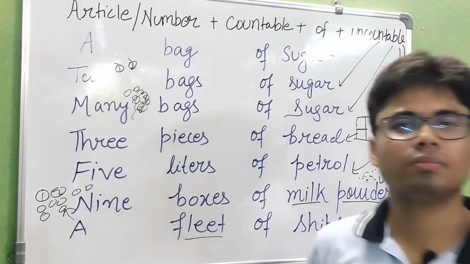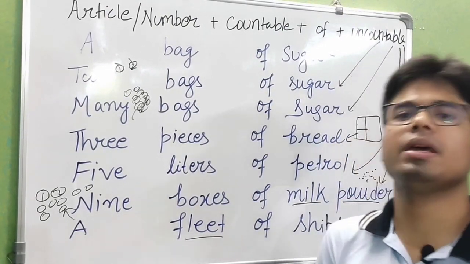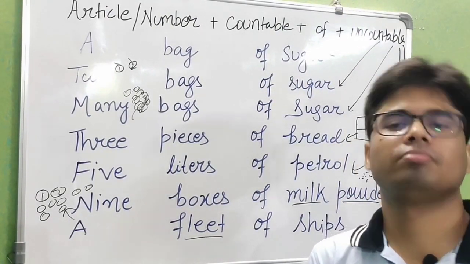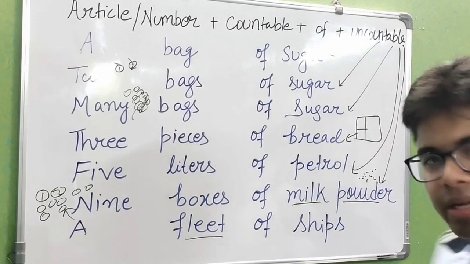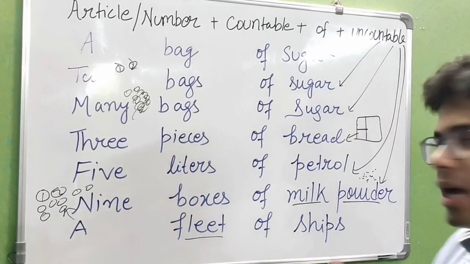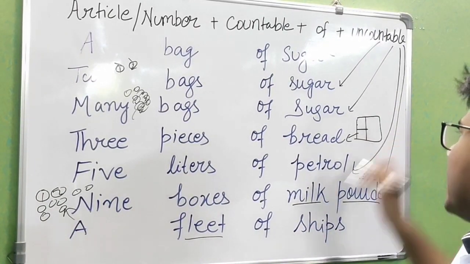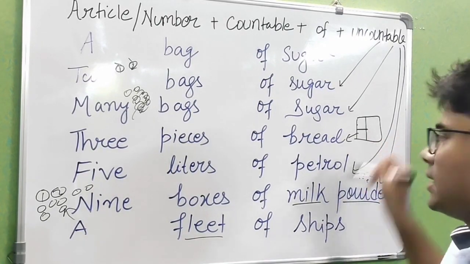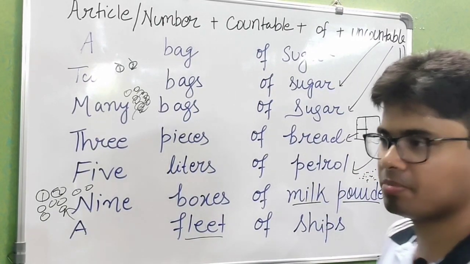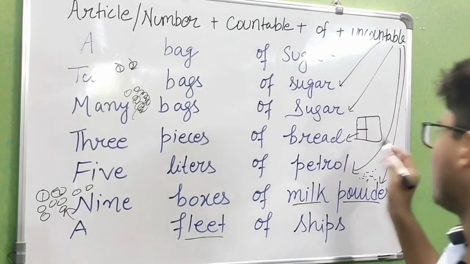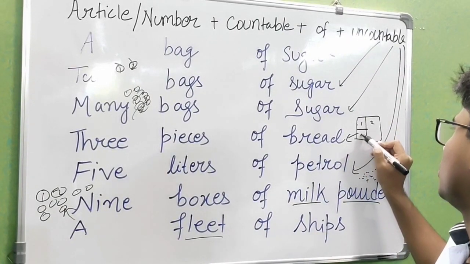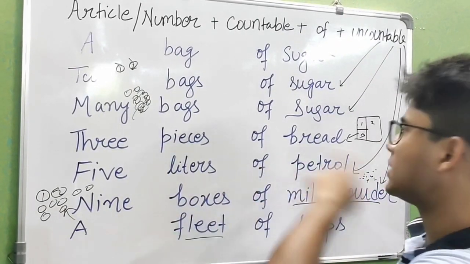3 pieces of bread. Bread can be separated into 3 pieces, okay, by cutting it, of course. So this is a bread and you have made it separate by cutting. So here 1, 2, 3, you are getting 3 pieces of bread.